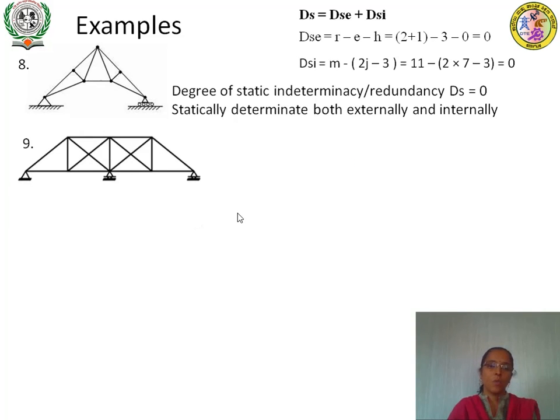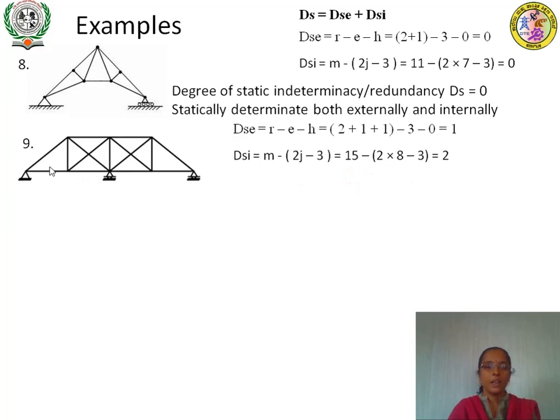Let us take one more example. So the reactive components are 2 plus 1 plus 1, 4. 4 minus 3 is 1. And for internal indeterminacy, how many members are there? 1, 2, 3, 4, 5, 6, 7, 8, 9, 10, 11, 12, 13, 14, 15 members are there.